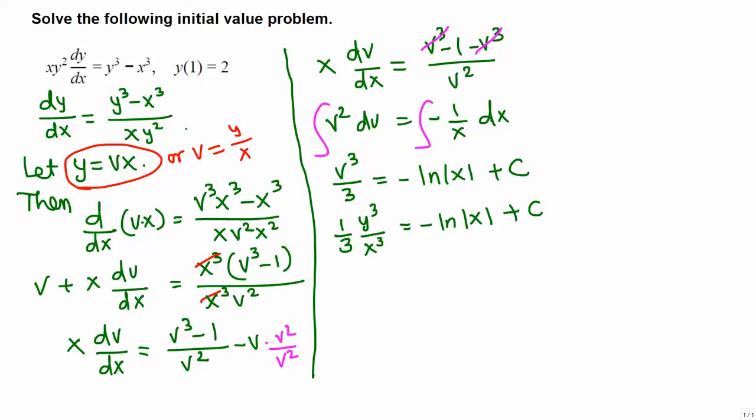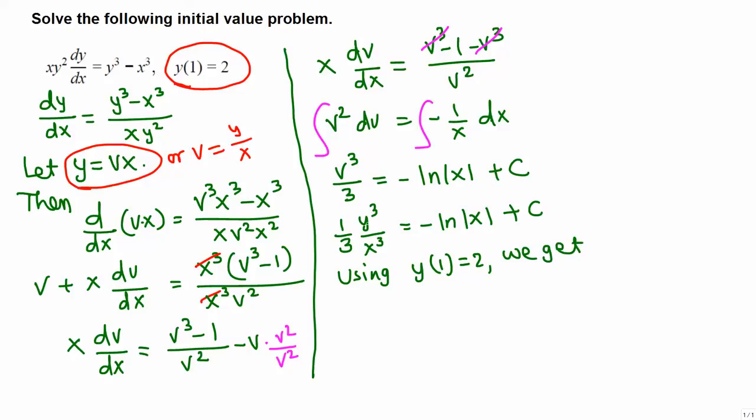But this is an initial value problem, so we need to use the given initial condition to determine the value of c. Using the initial condition y at 1 equals 2, we get y is 2 when x equals 1.